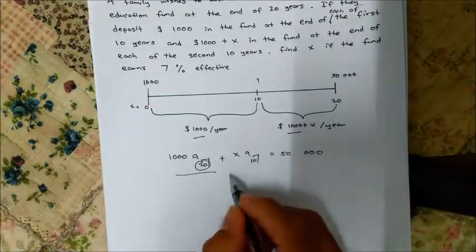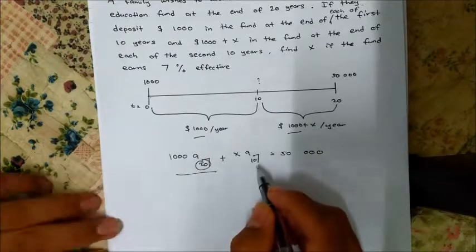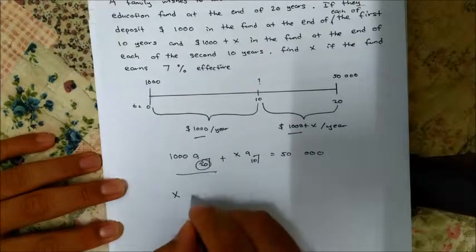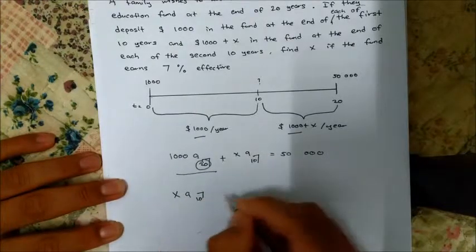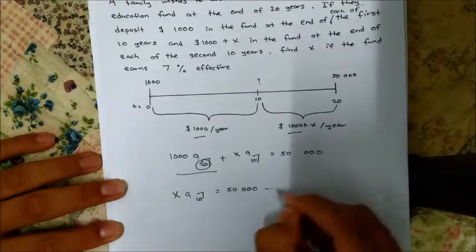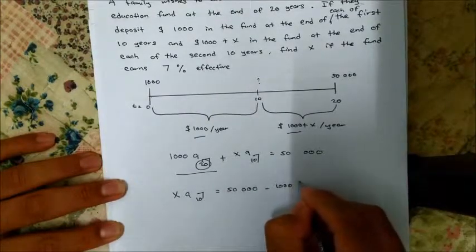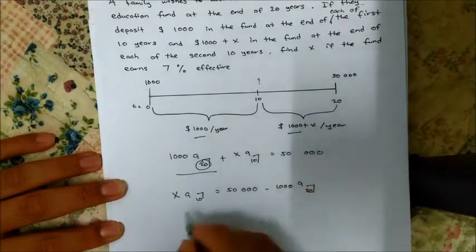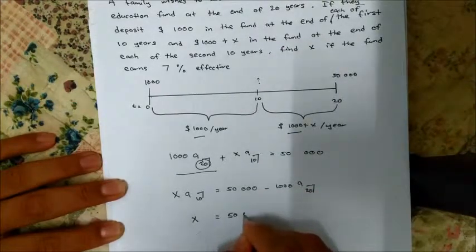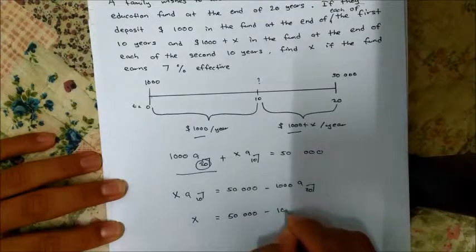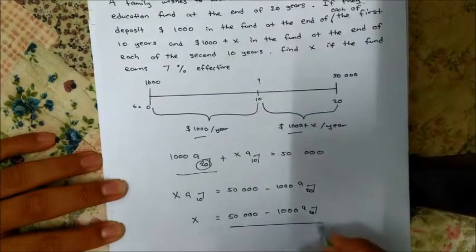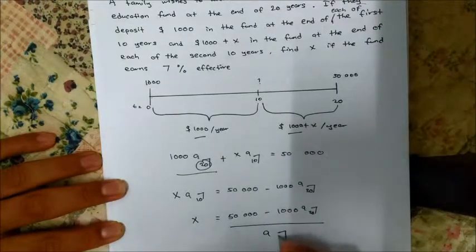So this is our equation, and then we're just going to move the terms here. X A10 equals $50,000 minus $1,000 A20, and by that we can solve X by 50,000 minus 1,000 A20 over A10.